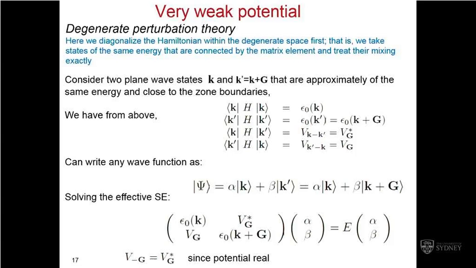Taking the square root, we get E equals E0 of k plus or minus V of G.